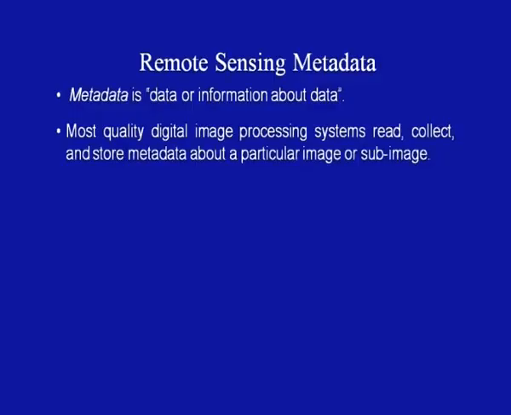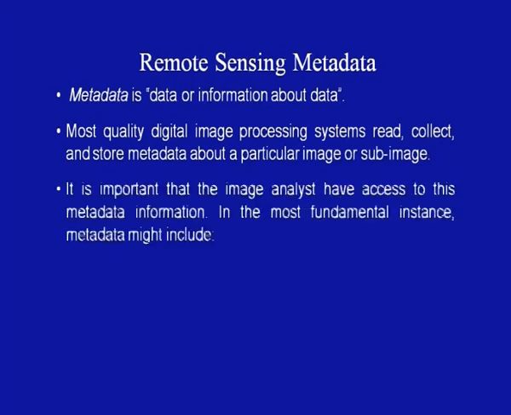When we look at the remote sensing data, it is very important to know about the data itself, and this is what we call metadata, that is data or information about the data. Most quality digital image processing systems read, collect and store metadata about a particular image or sub-image. It is important that the image analyst have access to this metadata information.